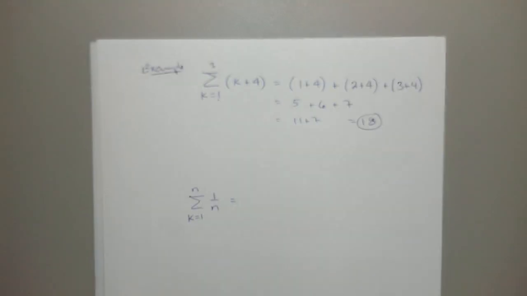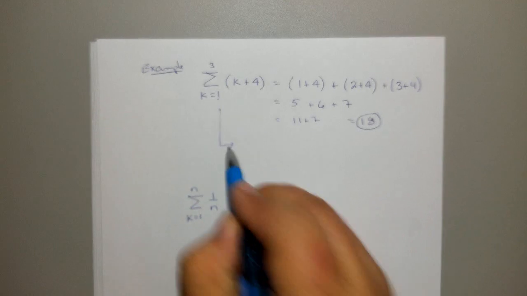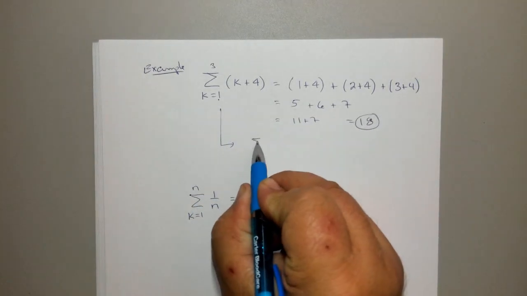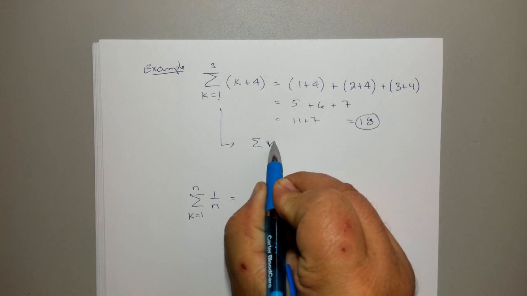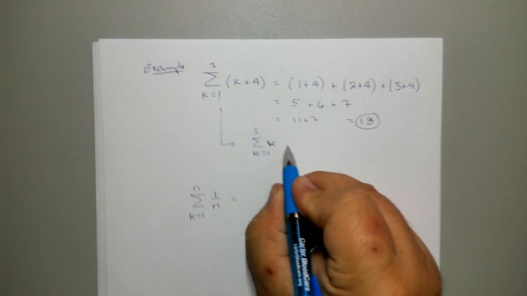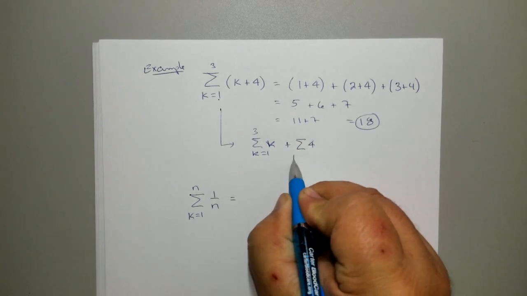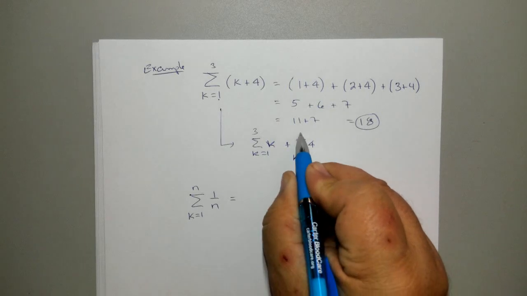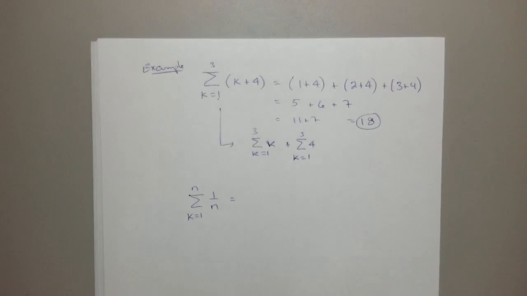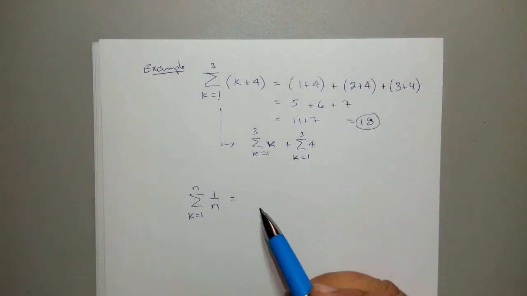Now, is there another way you could have done it using the properties? Since they're added, what can we do? We can separate them. So what does the first one tell me to do?